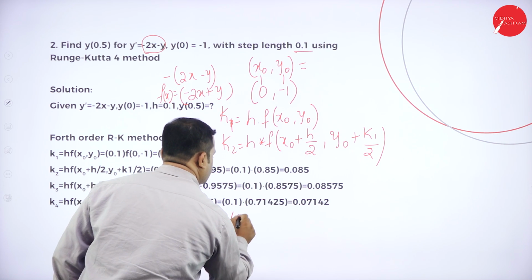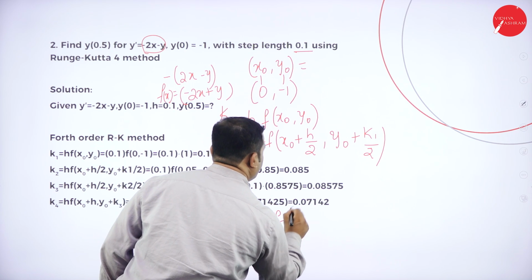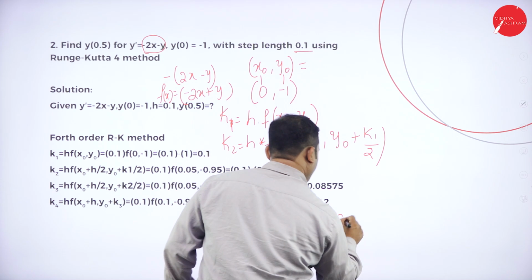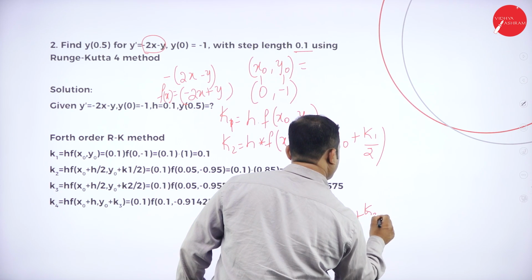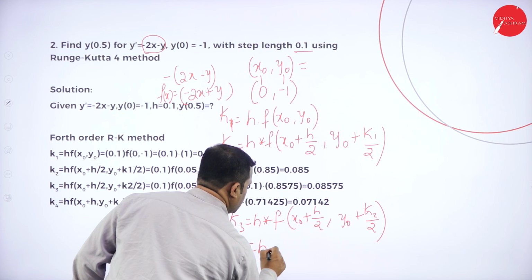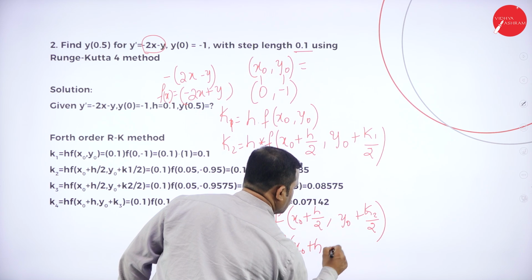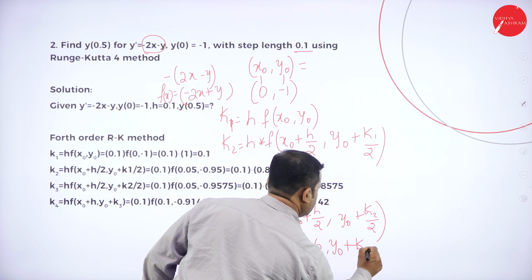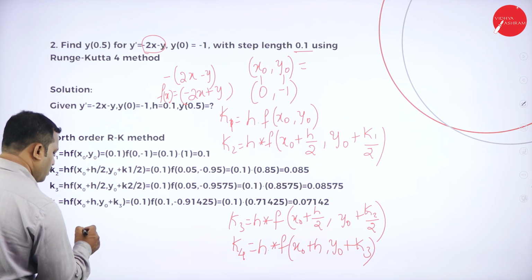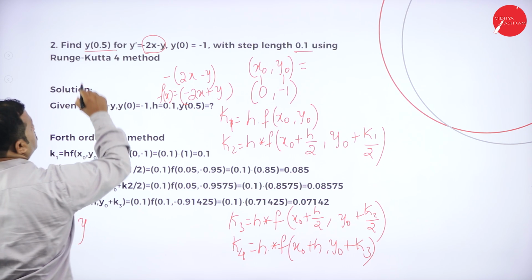What is the value of k3? K3 is equal to h into f of x0 plus h by 2 comma y0 plus k2 by 2. That is this formula. What is K4? K4 is equal to h into f of x0 plus h comma y0 plus k3. That is this. After this, we will apply the formula for y of 0 plus 0.1, which is to be determined.